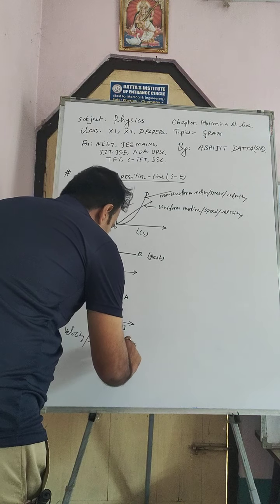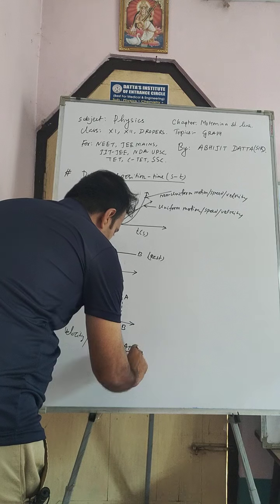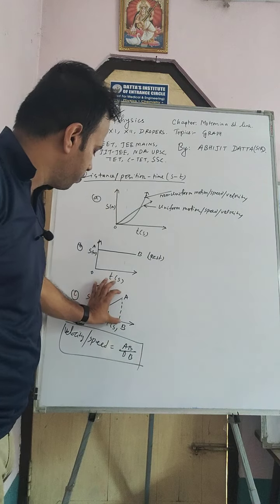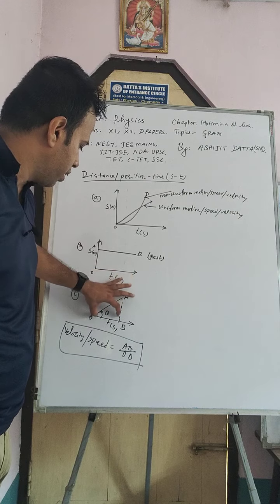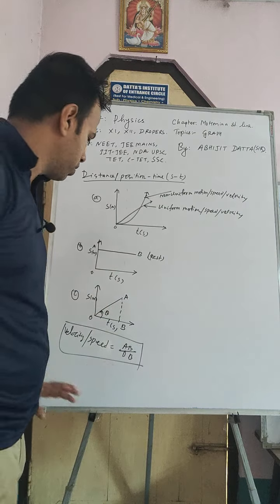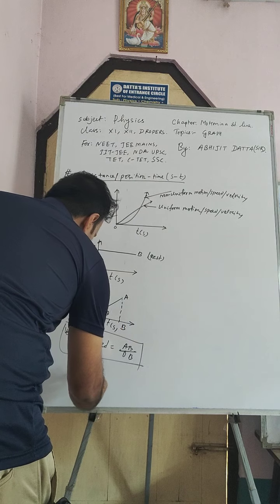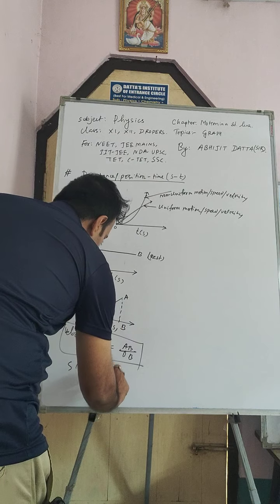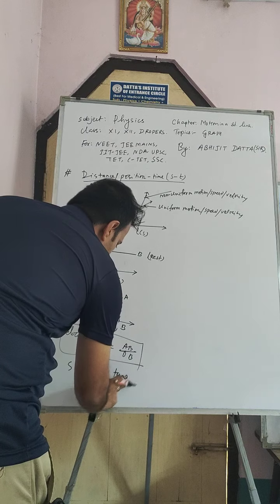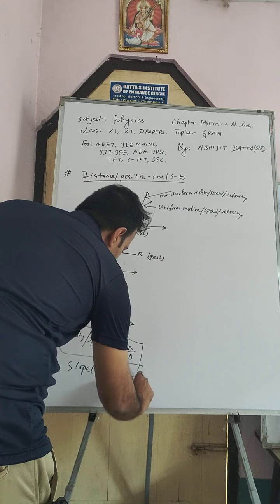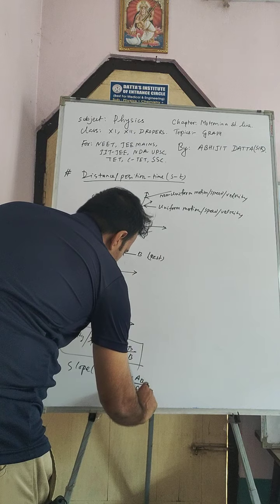It will be AB by OB, where this part is the distance and this part is the time. So distance by time is speed or velocity. Now if this angle is theta, then the slope m equals tan theta, equal to AB by OB.